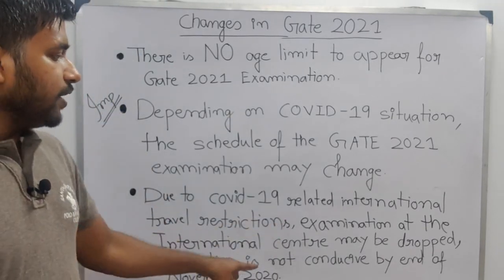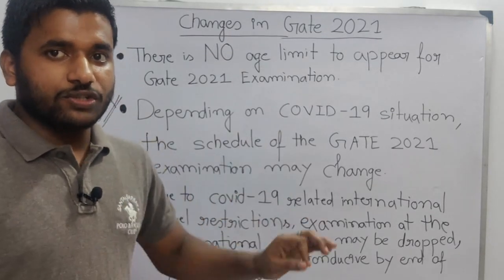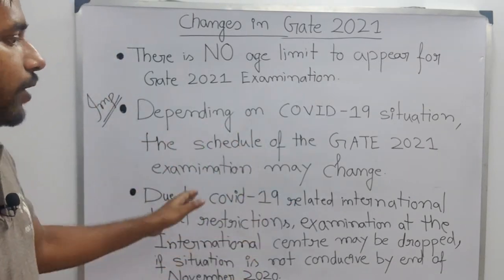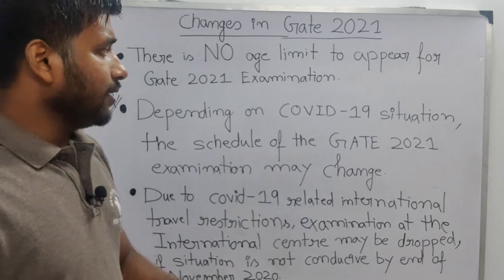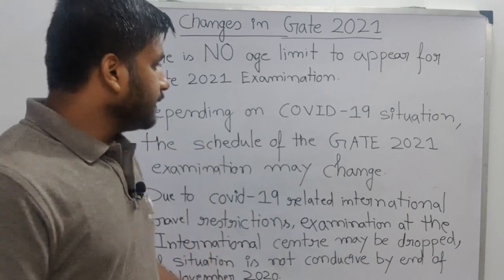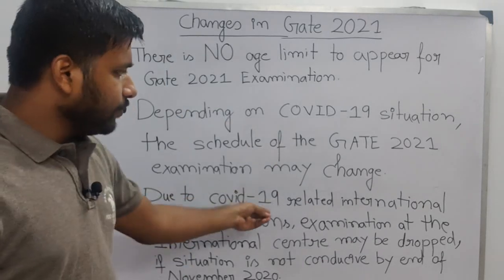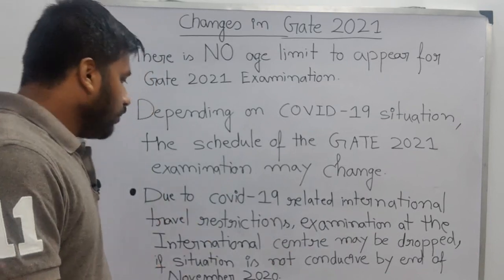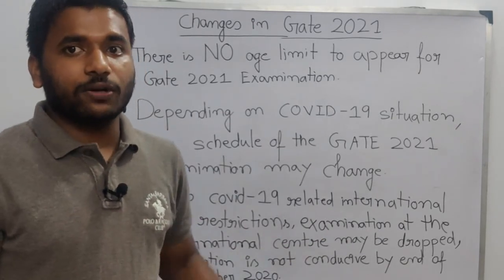If the situation is not conducive, meaning helpful, by the end of November 2020, then the organizing body, IIT Bombay, may even postpone the GATE exam, and the international centers may be dropped. So they are going to see the situation till November 2020, and then they are going to decide.